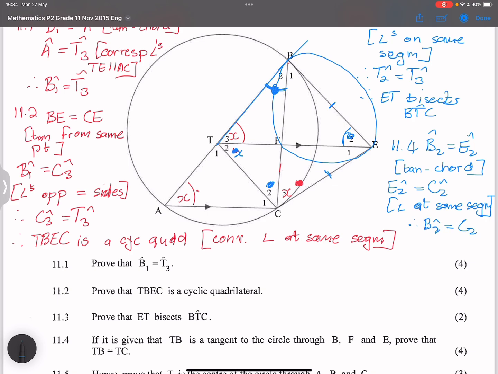Now note, now we can apply in this case. We say, well, these are sides opposite equal angles, right? So therefore what it means is that TB would be equal to TC, and these are sides opposite equal angles. All right, so that's an isosceles triangle there.